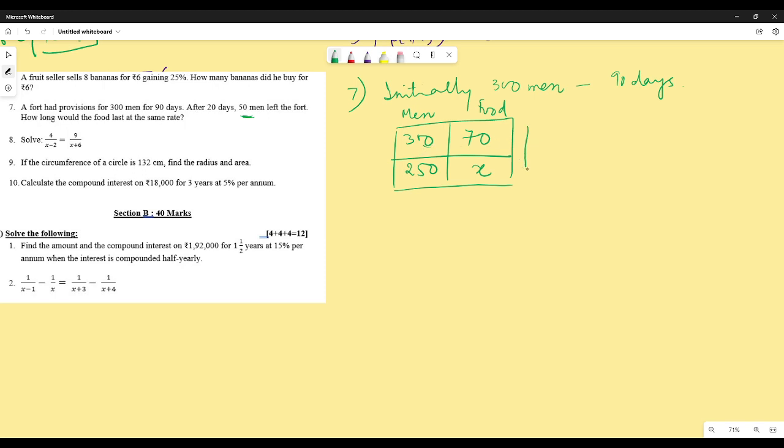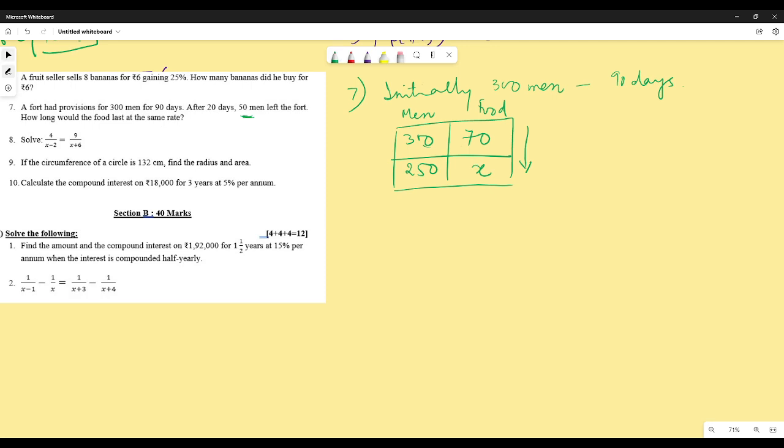Now in the arrow method, you know that the arrow should always point towards the unknown number. Now we have to see whether the other arrow is going in the same direction or in the reverse direction. So you see, it is about men and food. If men are increasing, then the food will last for fewer days.